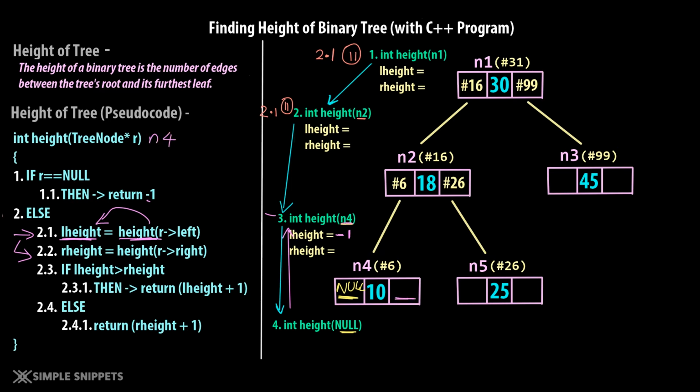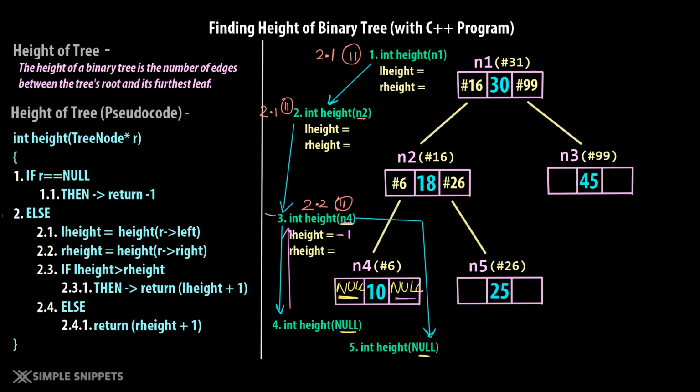We have nothing but null, correct? So a fifth function call is given, a recursive call, and you can see we are again passing null. So from the third int height function call, we are giving a recursive call to the fifth height function call. After doing that, the third int height function call will go in a pause state, this time at step number 2.2, correct? And now we will start with the execution of this fifth function call.